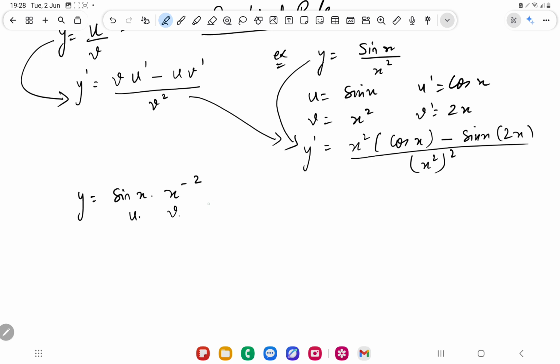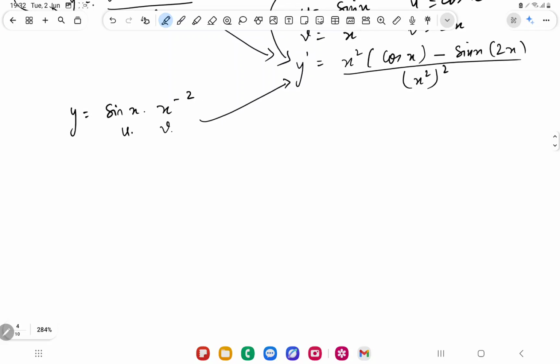So your derivative will be the same. So it's up to you whether you want to use the quotient rule or the product rule by converting the quotient or fraction into multiplication. So that's all about the first part of differentiation.